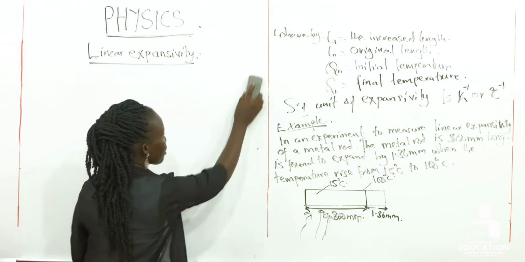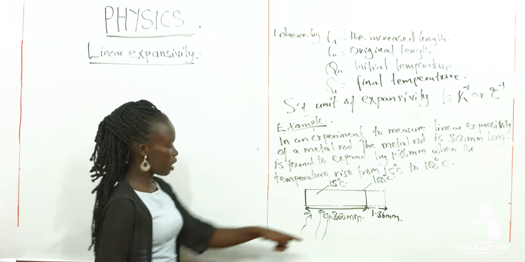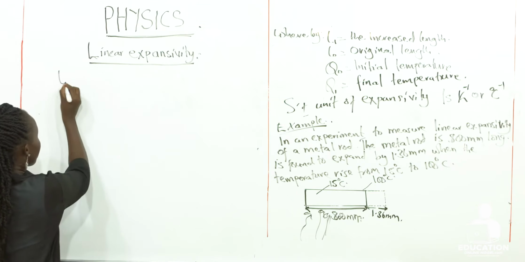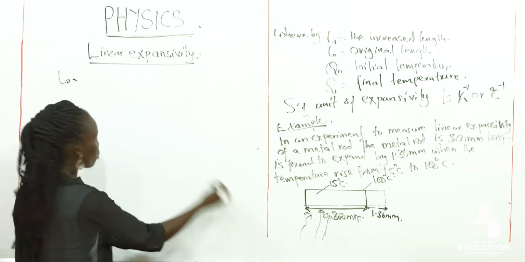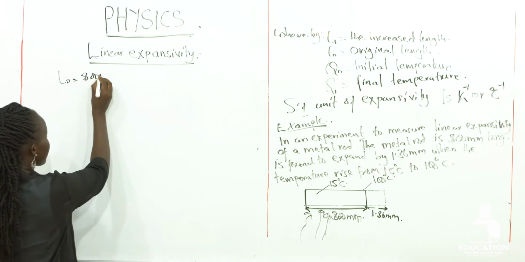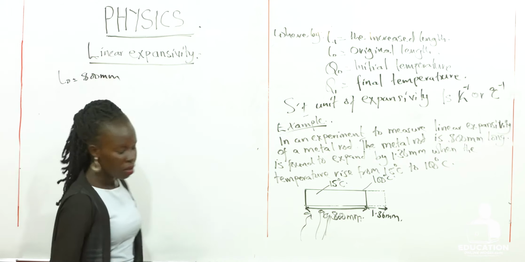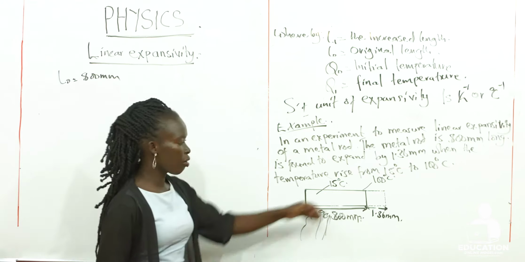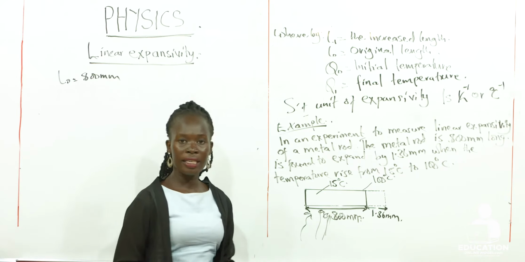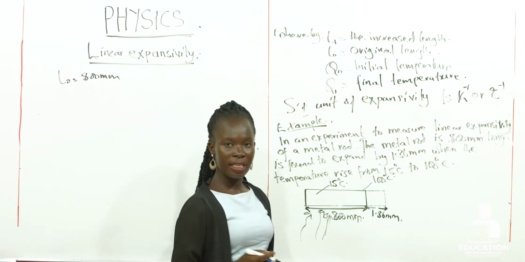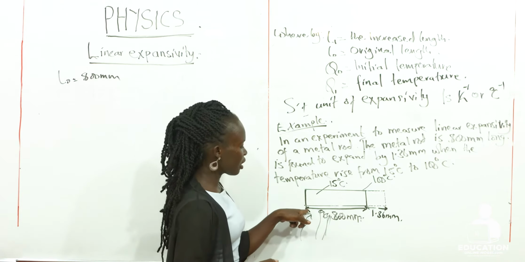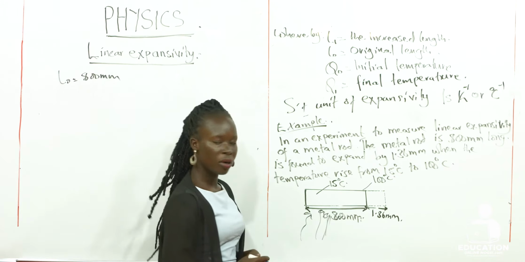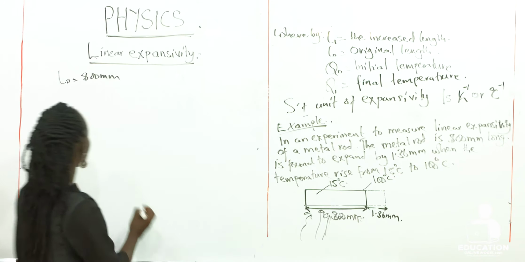Now from there you will see that our L note has been given. Our L note there will give us the original length, 800 millimeters. So if we had 800 millimeters as the original length of the rod, after heating, what length did it gain? It gained the length from 800 here up to that. So you can get your 800 plus 1.36.